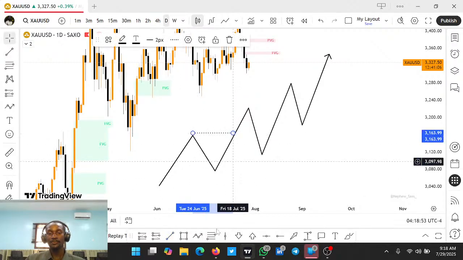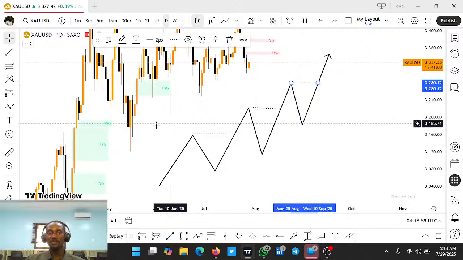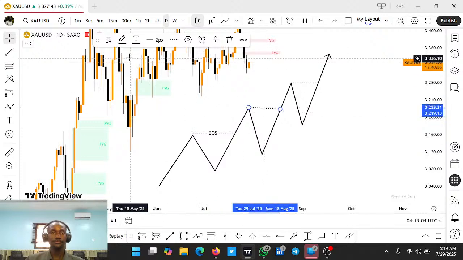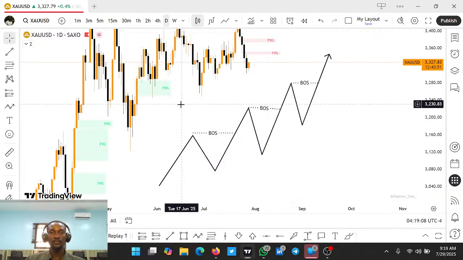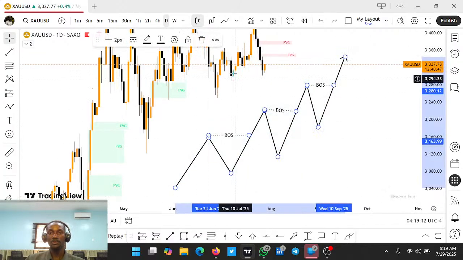Breaking structure to the upside or downside. That's how the market moves, and that's what I'll be showing you on the chart today.